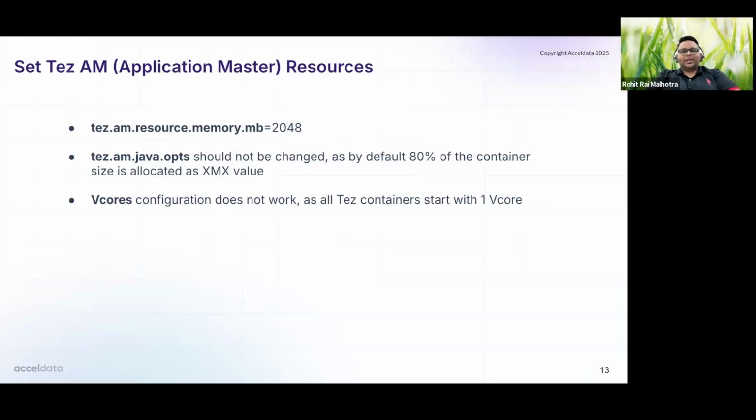With the same amount of memory, it will increase the vCores if you keep the container size low, and if you keep the container size high, it will assign fewer vCores because the size of the container is more, and one vCore will be assigned to it. So even though the properties are available for vCores, they do not have any effect.